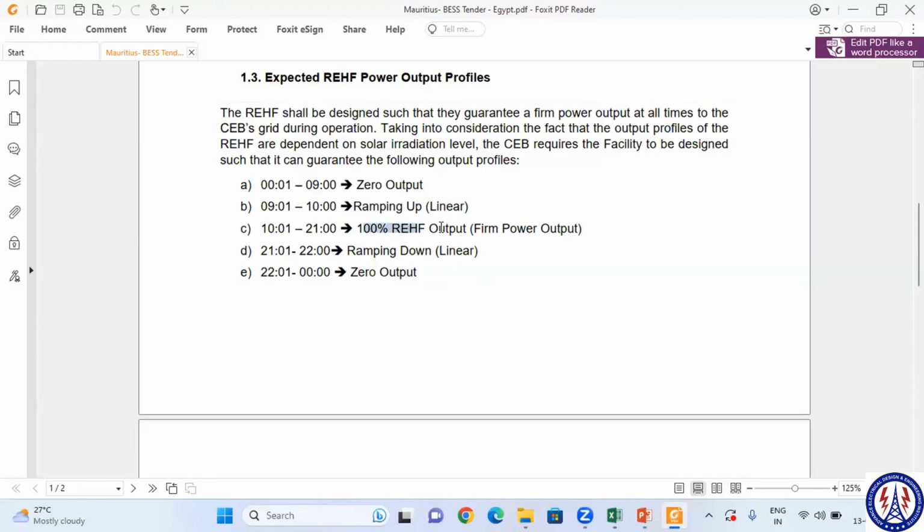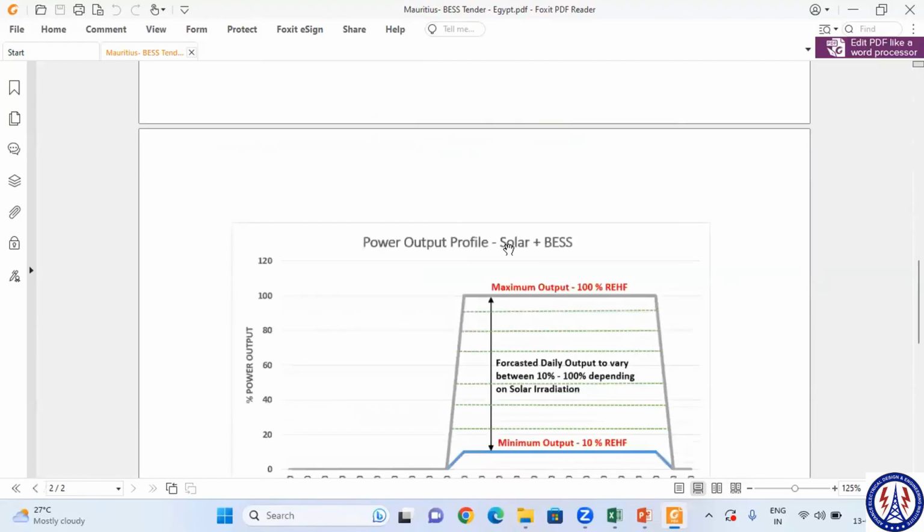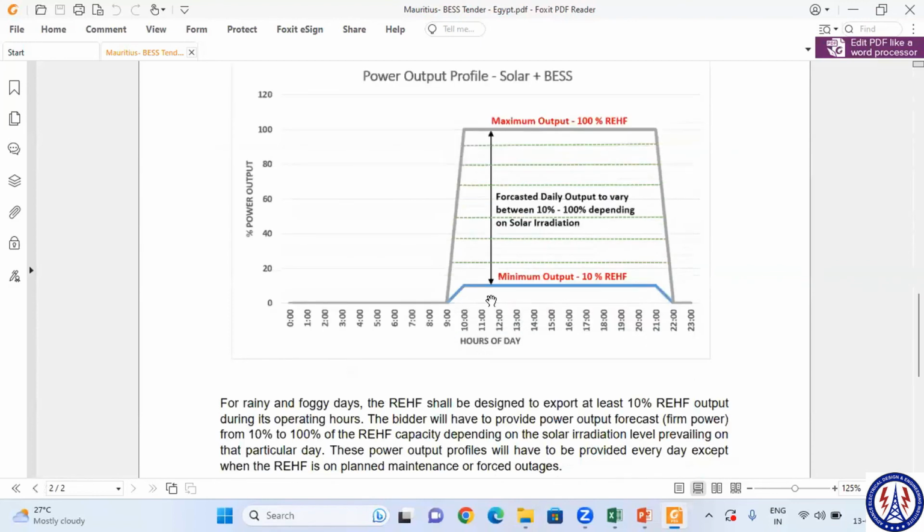So 100% of renewable energy for output, which is 10 to 9. So in the daytime, here basically what you need to plan for is what they're expecting in the night time. Are they expecting from the BESS during the night?